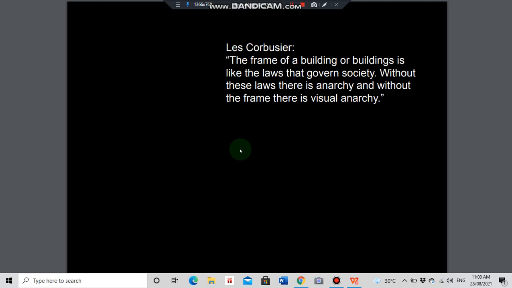Ganun din sa laws that govern society. Na kung ano yung pamamalakad ng gobyerno, ganun din yung magiging forma o plataforma ng society or ng community.